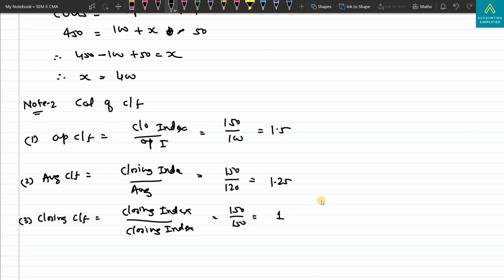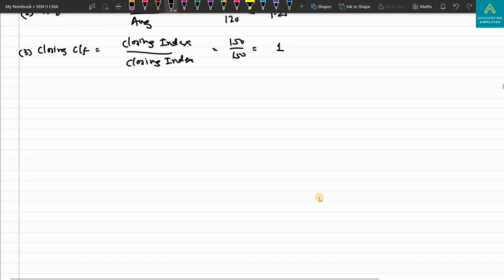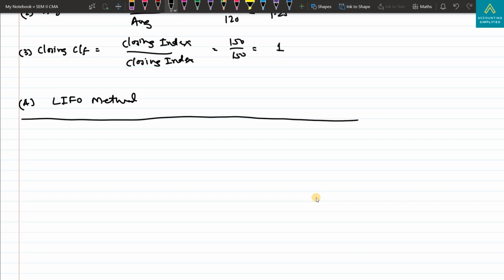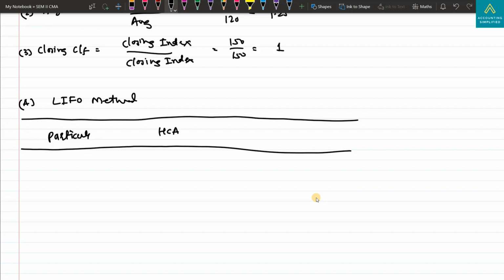So note 1 and 2 we have already made. Now we are calculating COGS and closing stock. For that, first we are going to learn about the LIFO method, right? LIFO method. So LIFO method, and you know what to draw, right? So I am drawing, and along with me you can draw your own particular HCA, conversion factor and CPP, right?